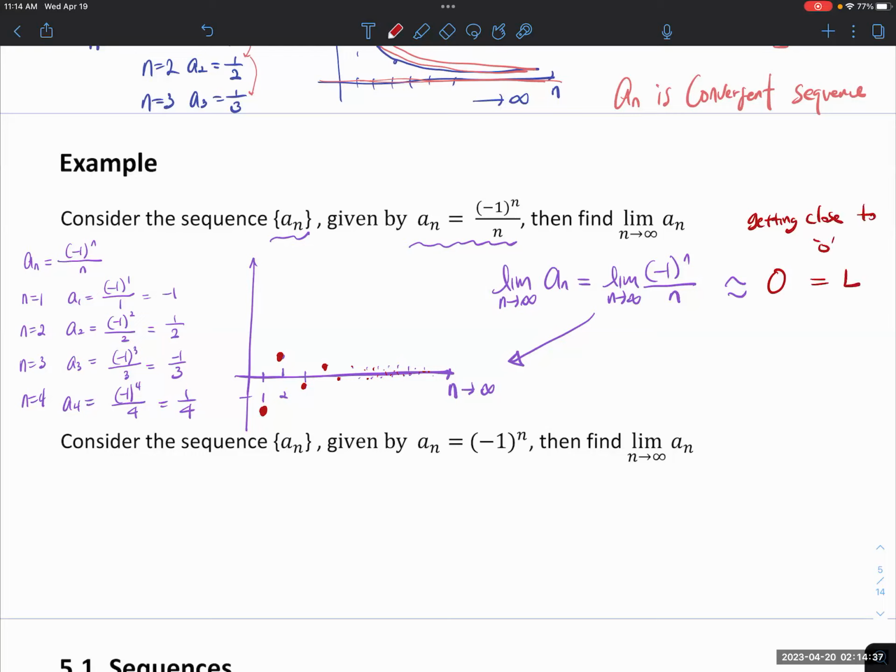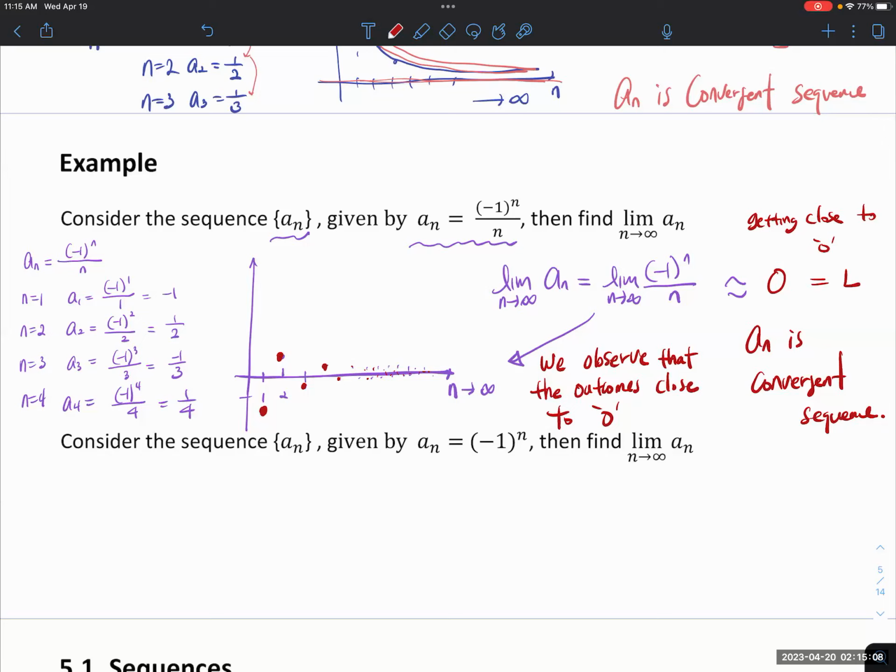This is the limit. The limit exists. Okay, so we observe that the outcomes are close to 0. So therefore, this is also a convergent sequence. That's our period.